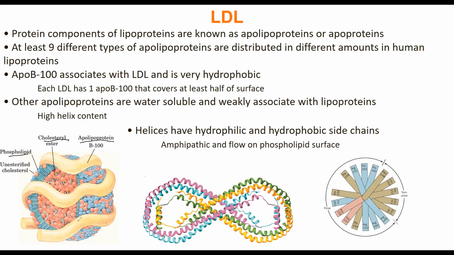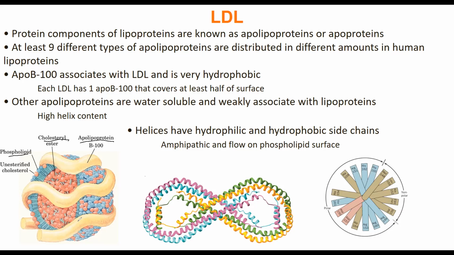So these lipoproteins that we talked about, as the name suggests, have a protein in them. So they're not just fat globules or cholesterol globules moving through your blood, but they also have this protein that helps them be soluble, helps them move across into different cell types, and helps them to be recognized.